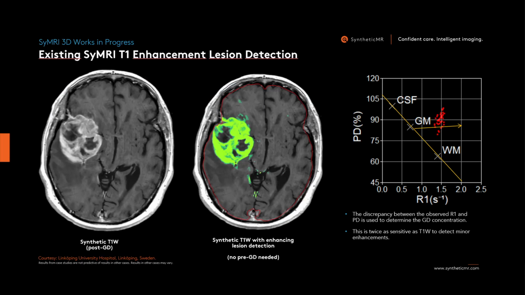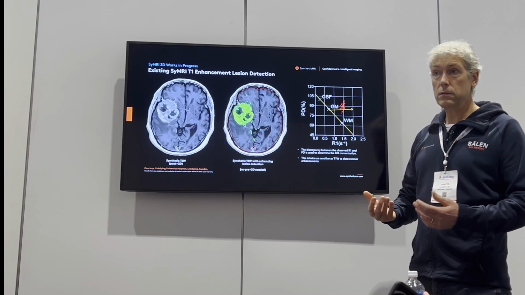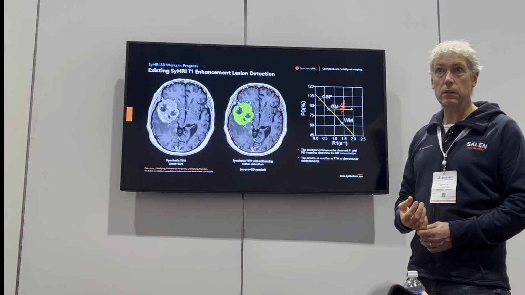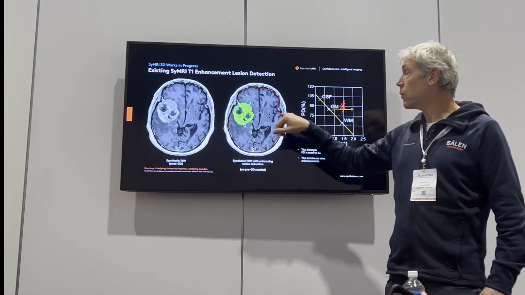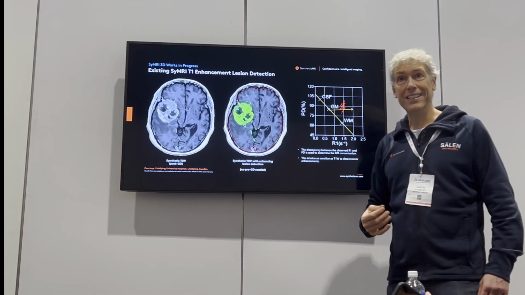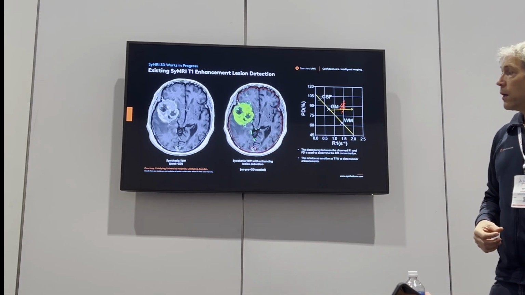So we can automatically find it's actually proportional to the gadolinium concentration of this tumor. And now, of course, the tumor is pretty obvious here, but especially in these infiltrating areas where there's a very light enhancement, or if you reduce the dose, it's going to be super sensitive to use this kind of R1 mapping, and the very tiny enhancements that we can pick up.